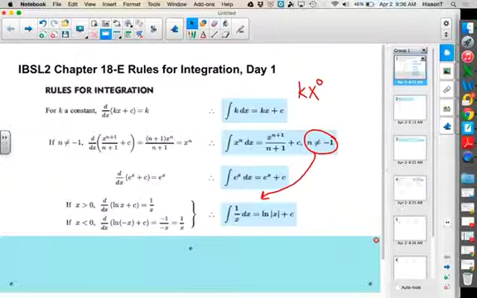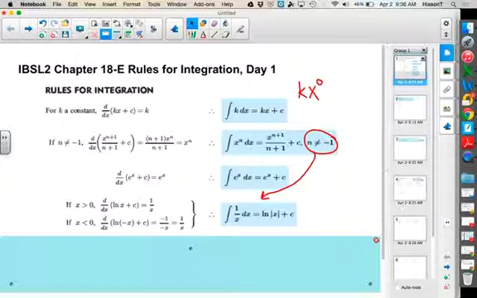So we have the natural log of the absolute value of x. One of the reasons we need that absolute value in there is because you can't take the natural log of a negative number.